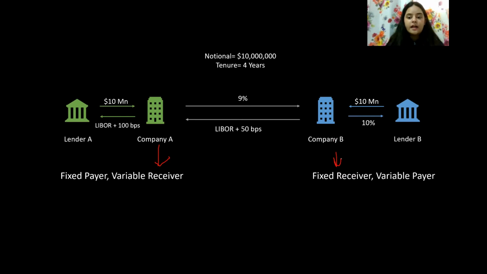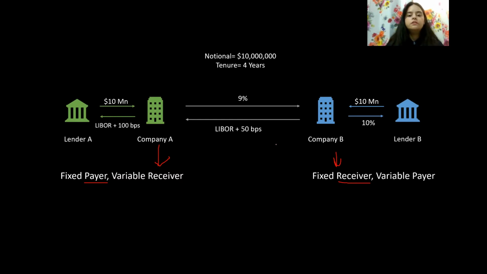So in technical language, we would say that company A has entered into a payer swap and company B has entered into a receiver swap. Whatever goes with the fixed side of the swap is the swap type. That is, this is the payer swap because it is paying fixed, and this is the receiver swap because it is receiving fixed. All right.